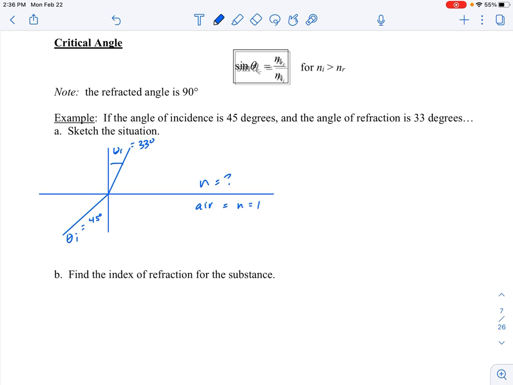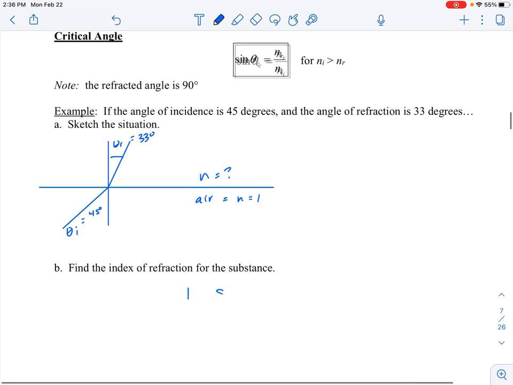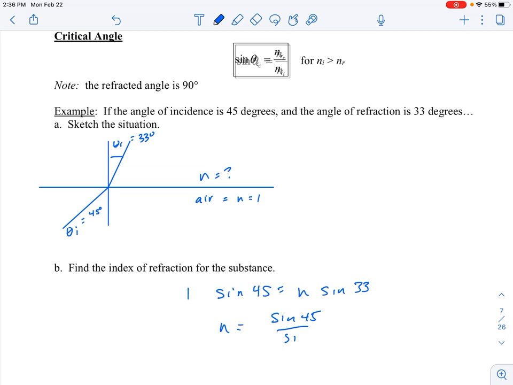So I'm going to say 1 times the sine of 45 equals n times the sine of 33. So n equals sine 45 over sine 33. This is kind of a review of what we've been doing. And I get 1.29.